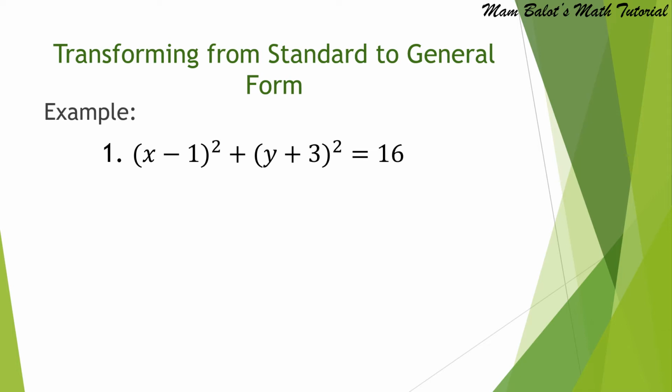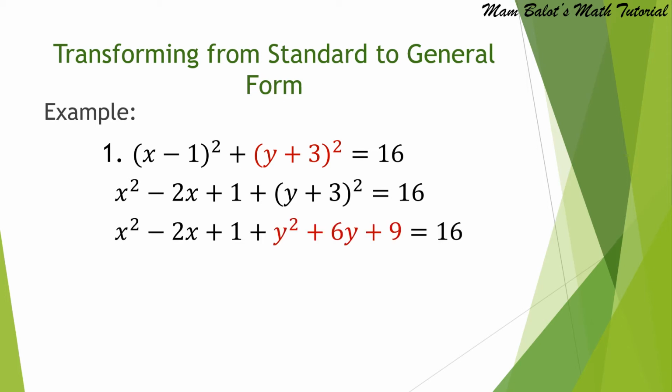To transform into a general form, all we need to do is to expand the square of the binomial and then arrange it according to the arrangement of the general form. So we expand first (x minus 1) squared, that becomes x squared minus 2x plus 1. And then expand (y plus 3) squared, that is equal to y squared plus 6y plus 9.